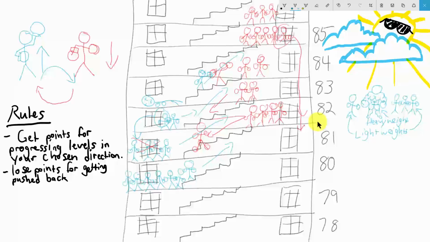But there are a lot of interesting things about this analogy to take note of.